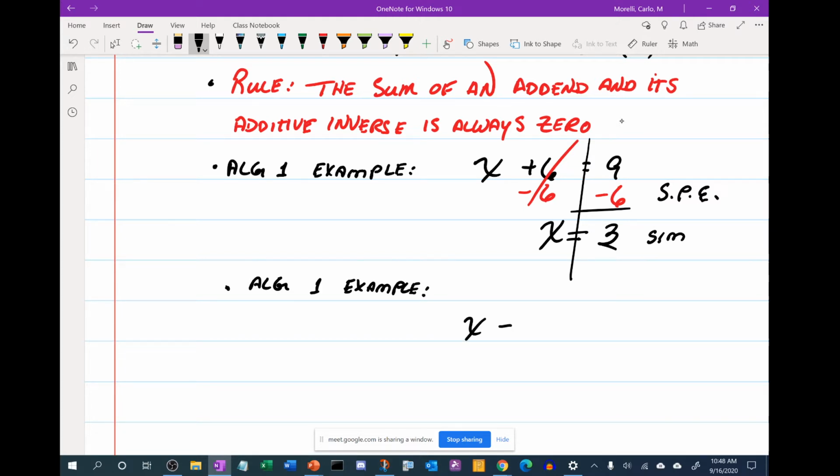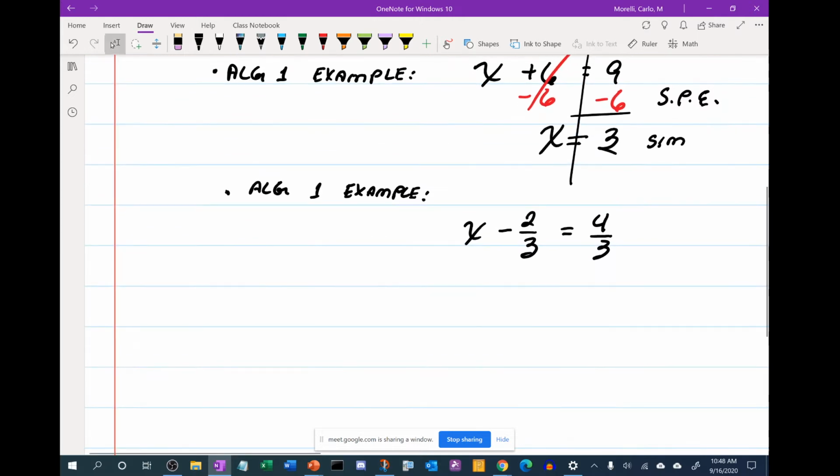x minus 2/3 equals 4/3. Remember, apply the additive inverse of the number and do it on both sides.